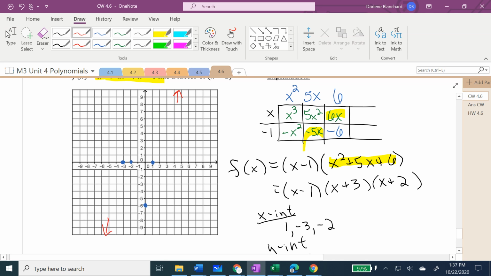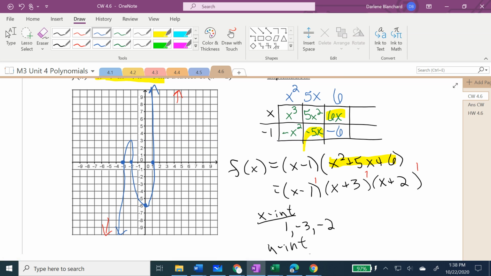I also remember that I have all multiplicities 1, so I will slice through the x-axis as I go through, and I'm not going to draw a perfect graph. That's okay. So I'm going to go near, near, near. And this is not perfect.